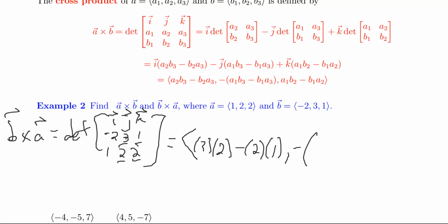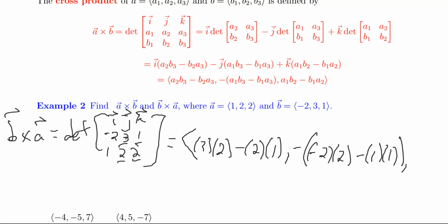All right, then we get negative of the determinant of the thing left over when we cross off the column and row that j is in. So that is negative 2 times positive 2 minus 1 times 1. Close that parentheses, comma.